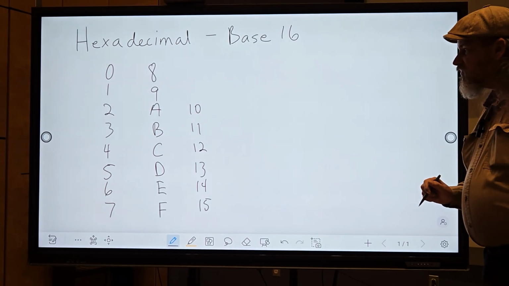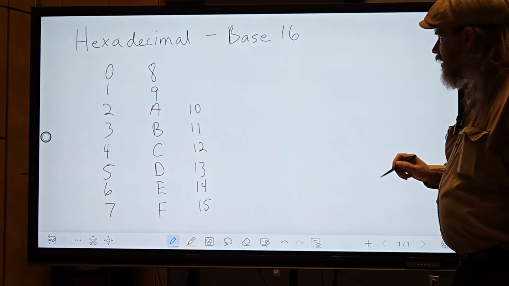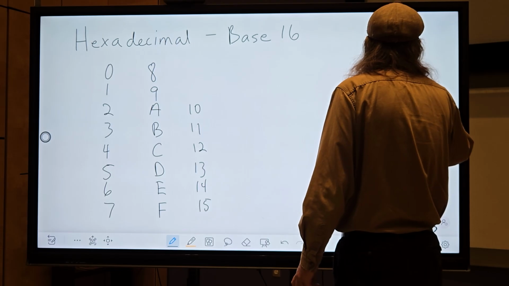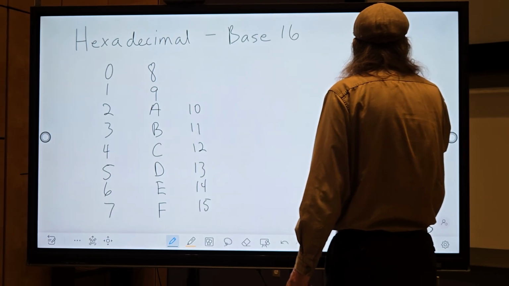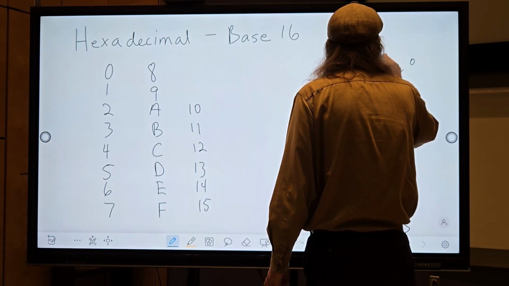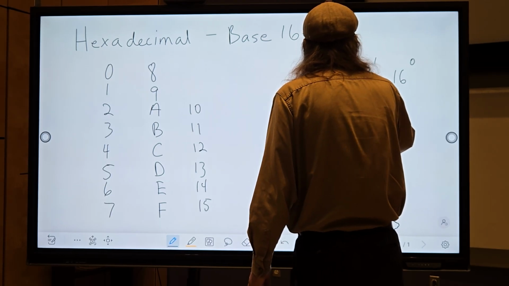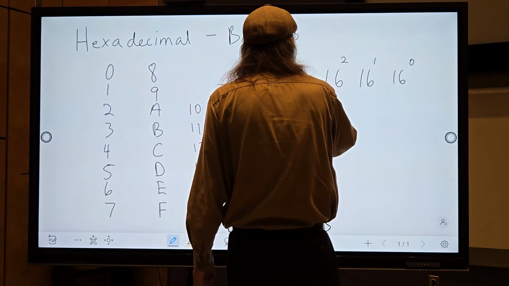As with any base, any number system, the position determines the value of the number.